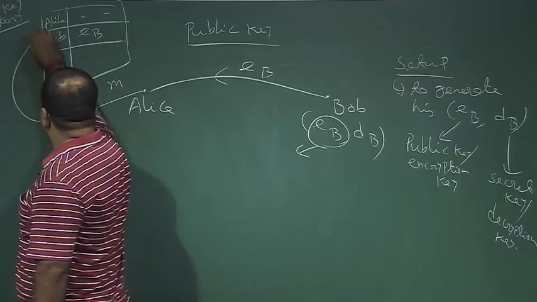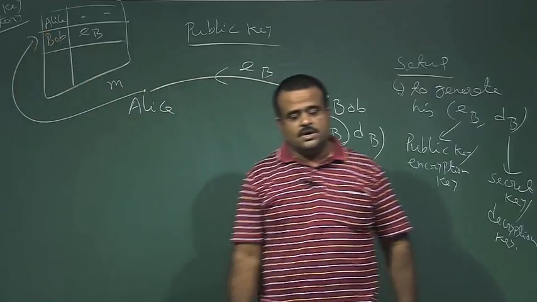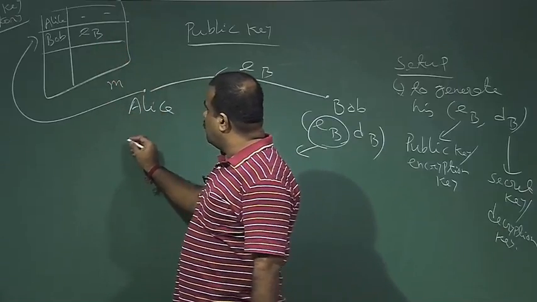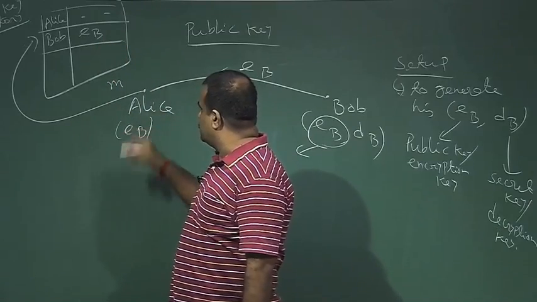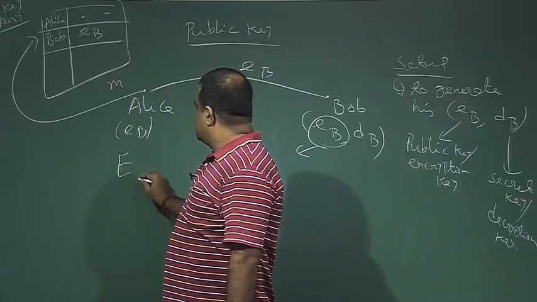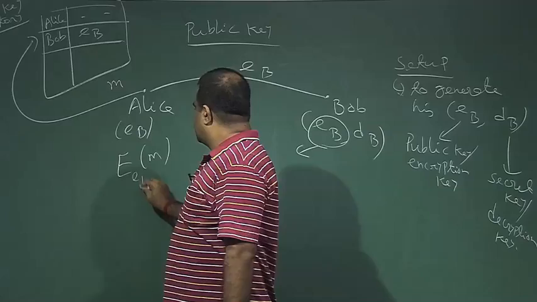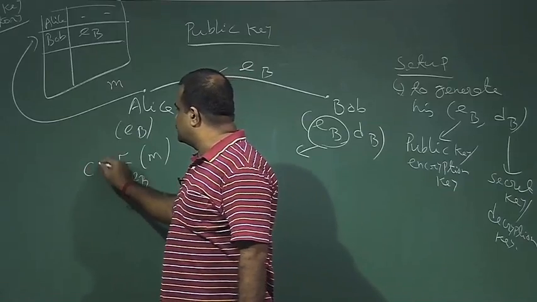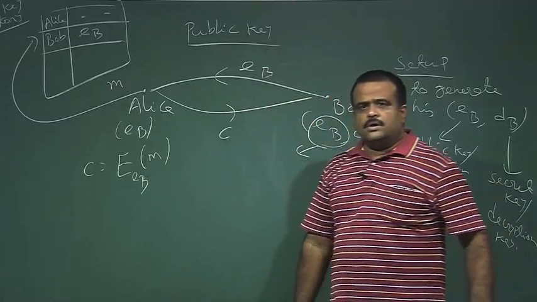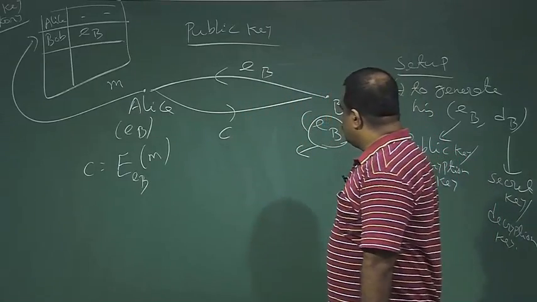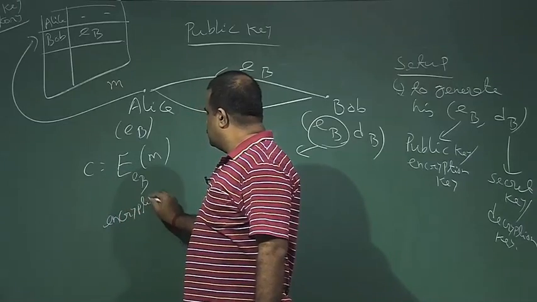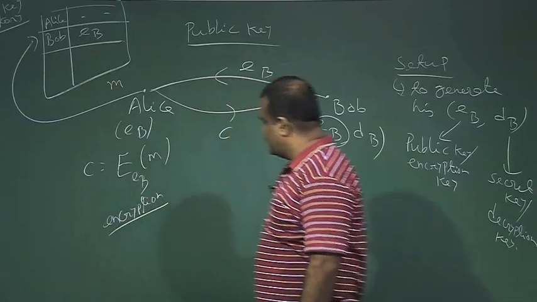Alice can access this directory if she wants to send a message to Bob, fetch the public key of Bob, then encrypt the message using the public key of Bob and generate the ciphertext C, and send it to Bob. This is the encryption done by the sender.